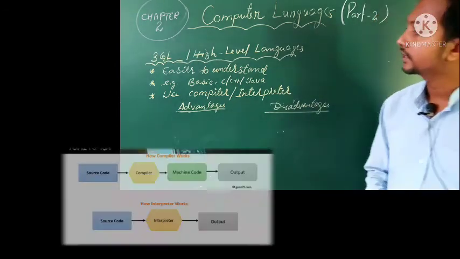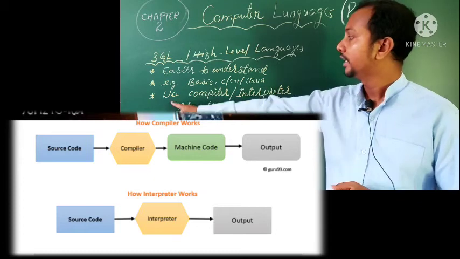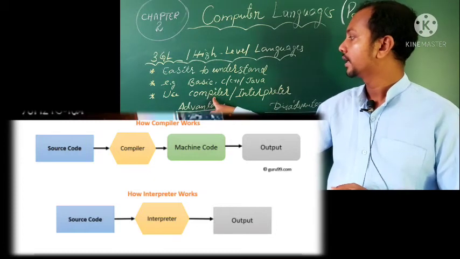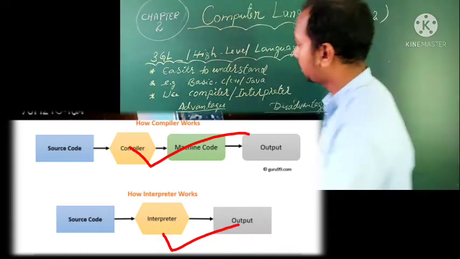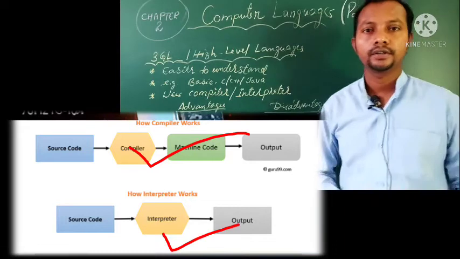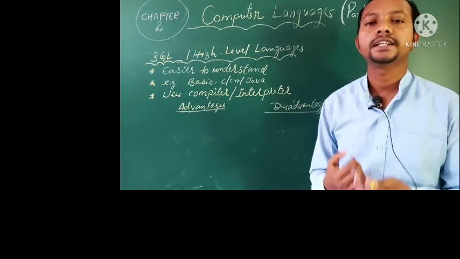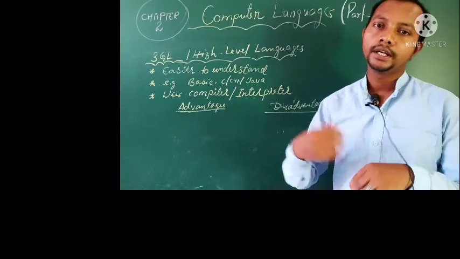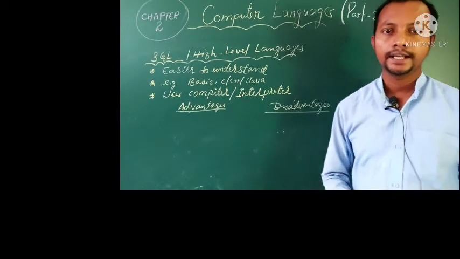So for converting or translating, it uses what is called a compiler or interpreter, which translates the English language, or whatever language you put, into machine language and gives the message to the computer, and the computer reacts back to us.